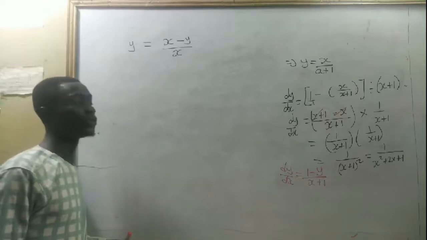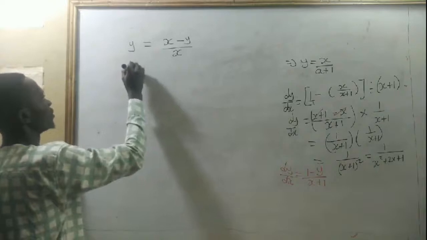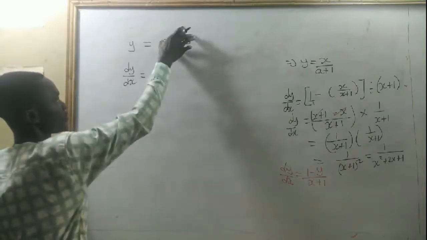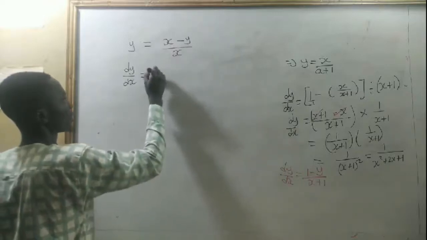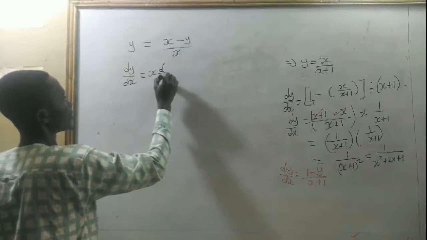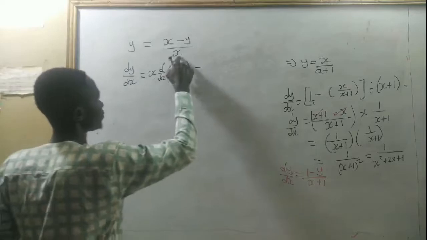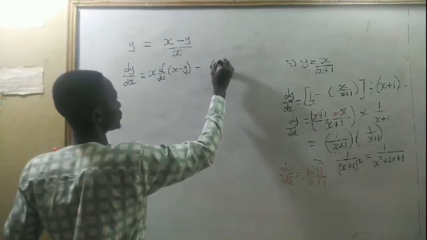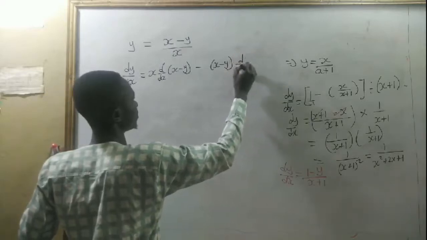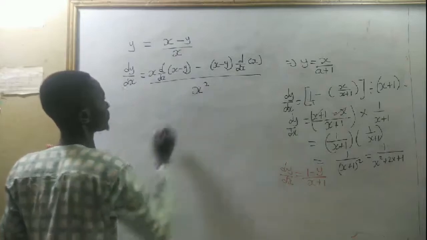So here, if you want to use the quotient rule, dy on dx is equal to: you differentiate the top function times the down one. So you have x, then you differentiate x minus y, minus, we maintain the top one, x minus y, and we differentiate this one. So we have dx of x, all divided by x squared.